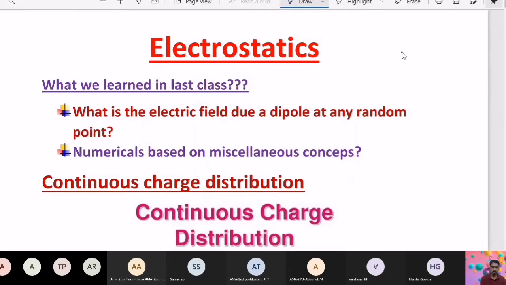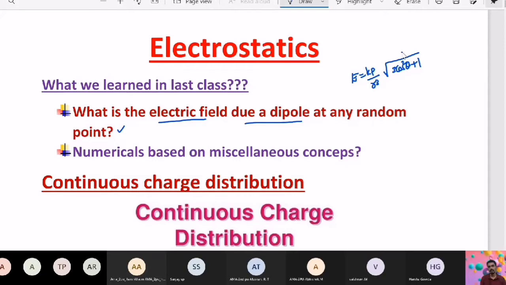The very first thing we discussed is the electric field due to a dipole at any random point, where we got the electric field as Kp by r cube under root 3 cos square theta plus 1.